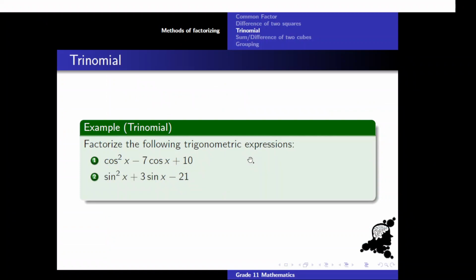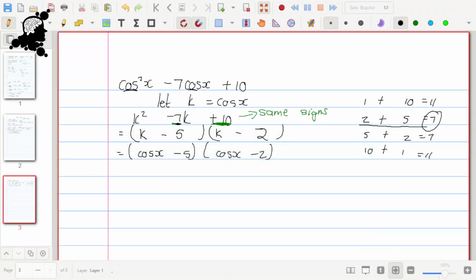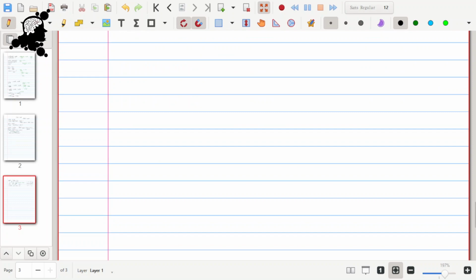All right, the next one says sine squared x plus 3 sine x minus 21. Let's have a look at it. So let's get some more room. We've got sine squared x plus 3 sine x minus 21.